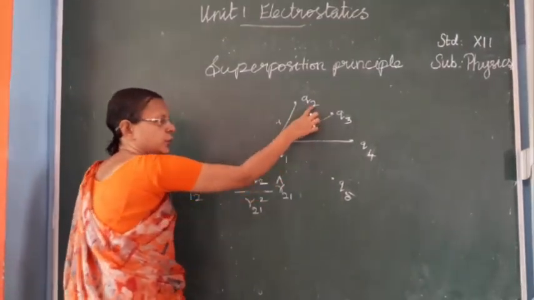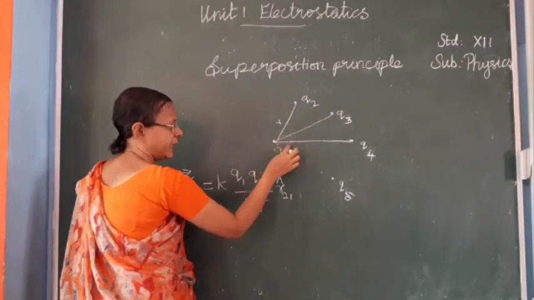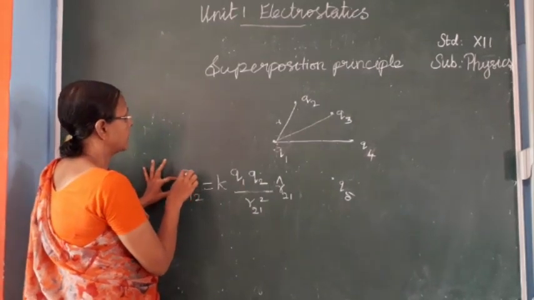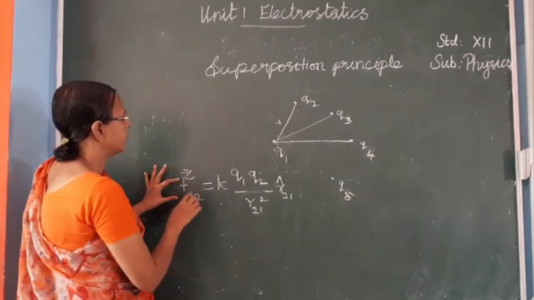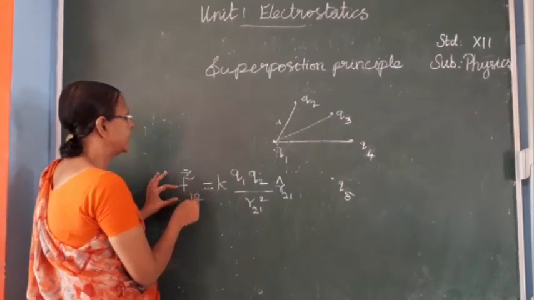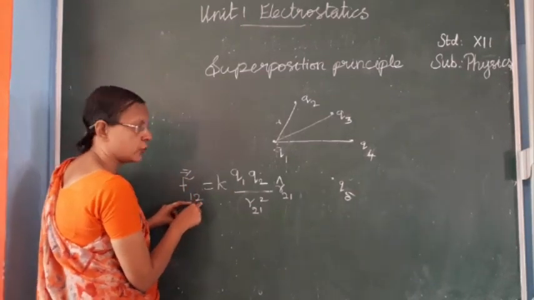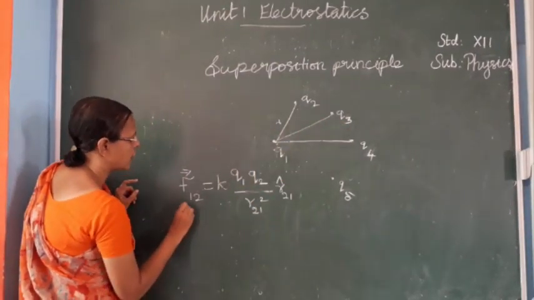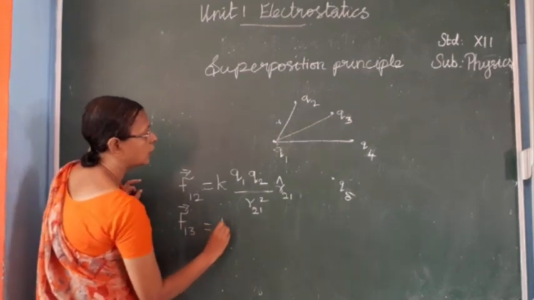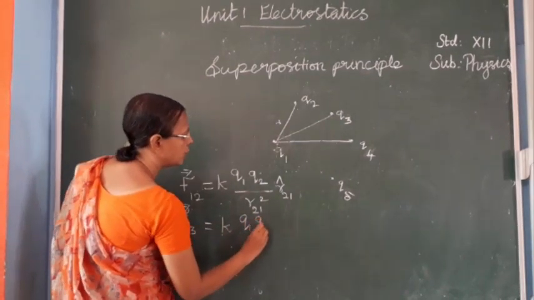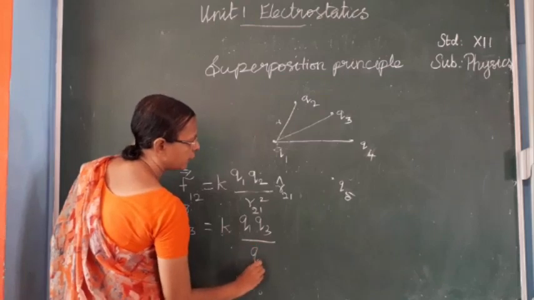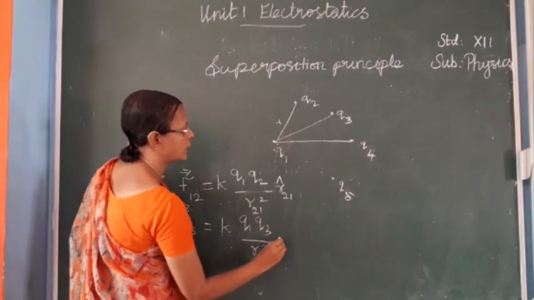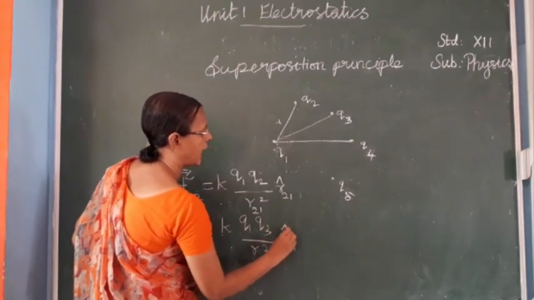Because of Q2, what is the force it is applying upon Q1? That is F vector 12. That means the force exerted upon 1 due to 2. Next, because of Q3, F vector 13 equals K Q1 Q3 divided by R31 square, R31 cap.